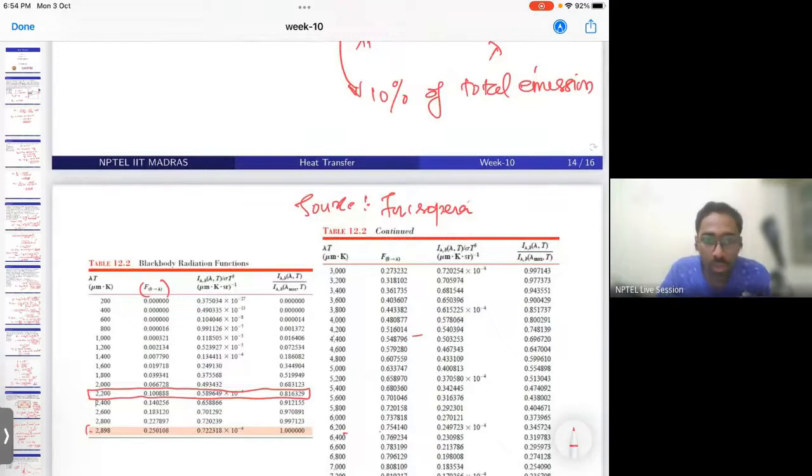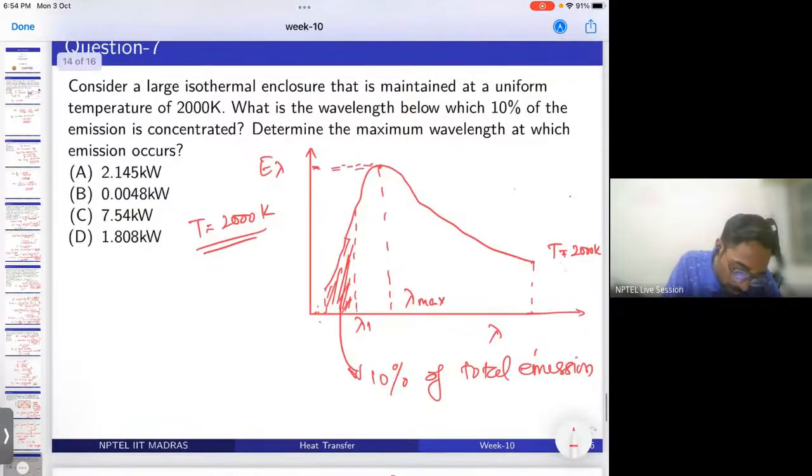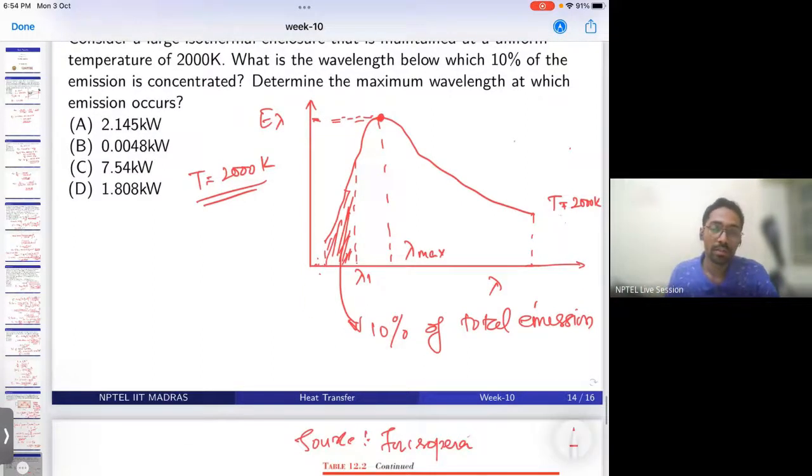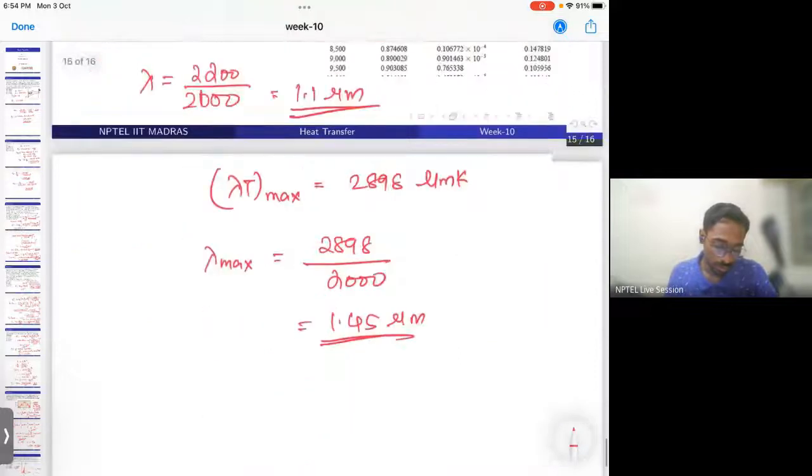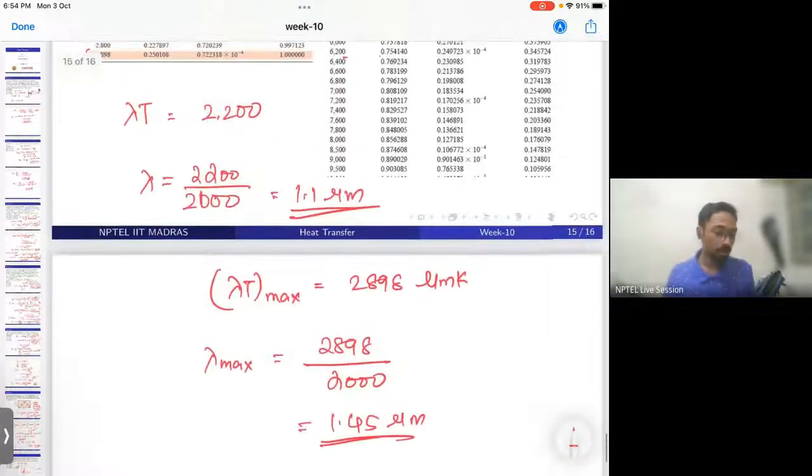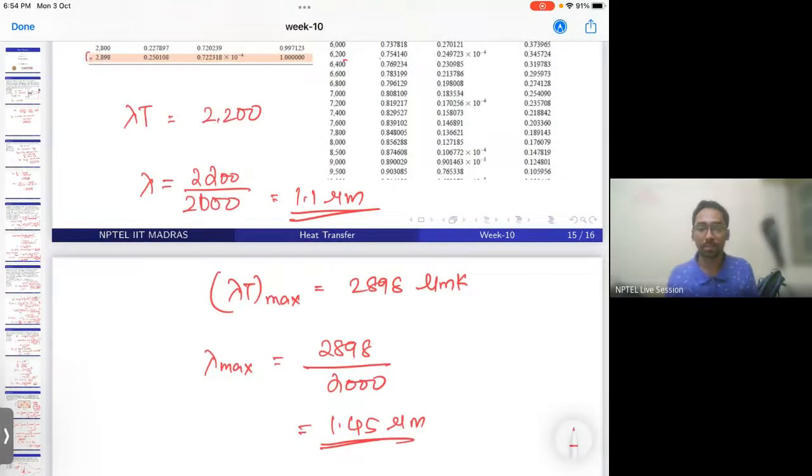If you want to find the wavelength at which the maximum emission E lambda occurs, maximum power radiation occurs at lambda T equal to 2898 micrometer Kelvin.